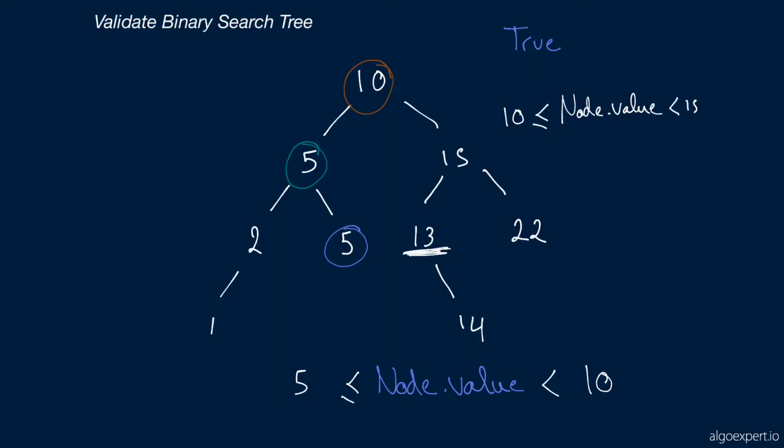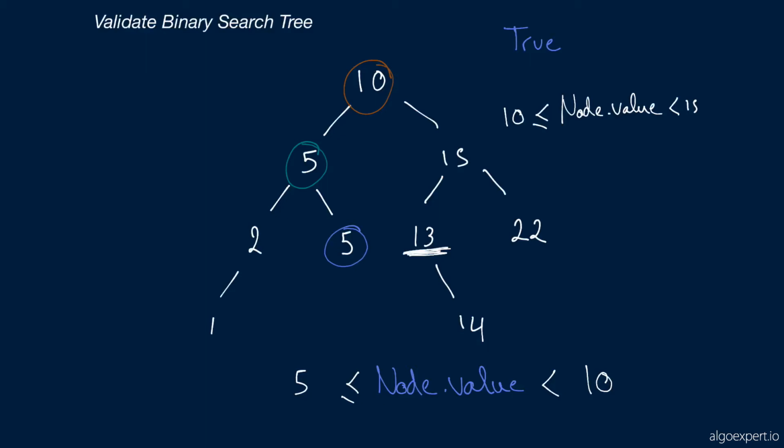Because any single node is actually a valid BST. But once we determine that our current node's value is between its minimum value and its maximum value, we can call our function on the left subtree and the right subtree, and we can pass in a different minimum value and a different maximum value.